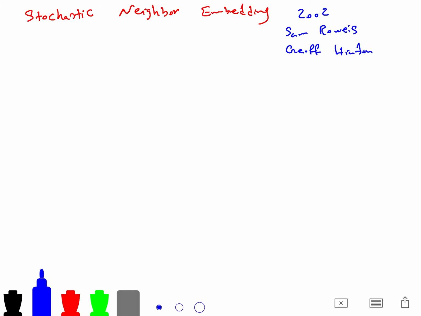And so for each object i and each potential neighbor j, we define Pij, we interpret it as I would love to pick j as its neighbor.